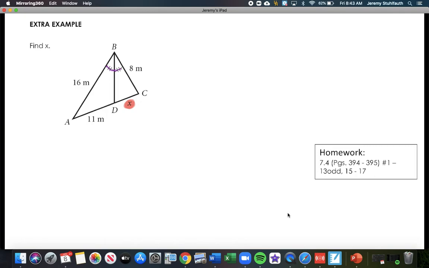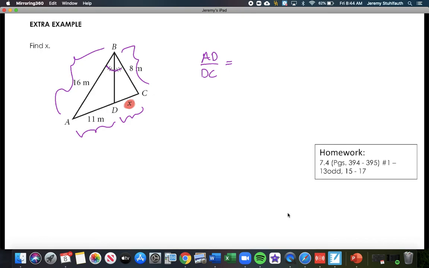B is bisected, so BD is an angle bisector, and what we know is that the ratio between AD and DC is going to be equal to the ratio of the other two sides. What should the order of our ratio be for the other two sides? Well, AD is longer than DC. We can see that in the picture.